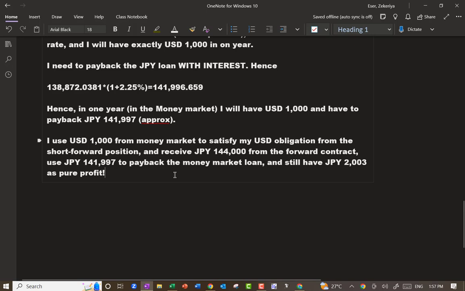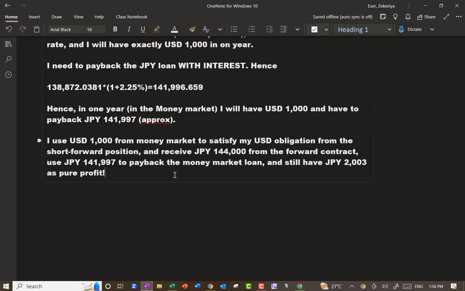And in finance, we price things so as to eliminate any arbitrage opportunities. I will leave it to you as an exercise to do the reverse. Suppose the forward rate was 138. Figure out how much money you could make without taking any risk.